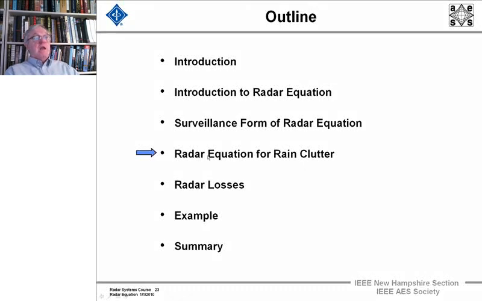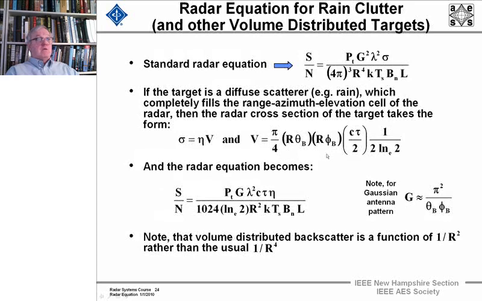Okay, and now for the radar equation for clutter, for rain clutter, volumetric clutter. The radar equation takes a very different form when the target you're looking at, and in these weather radars the target is rain, is distributed pretty uniformly within a given range, azimuth, elevation cell.